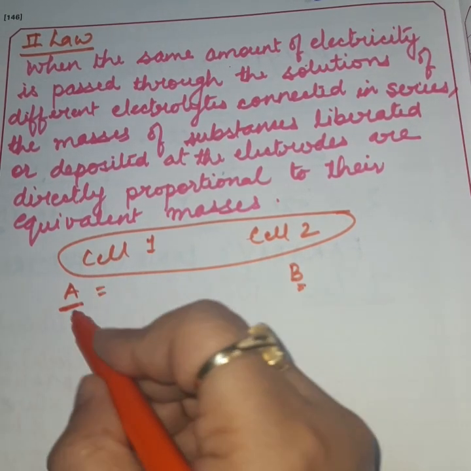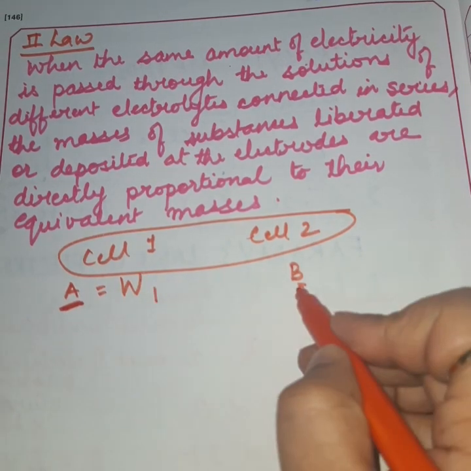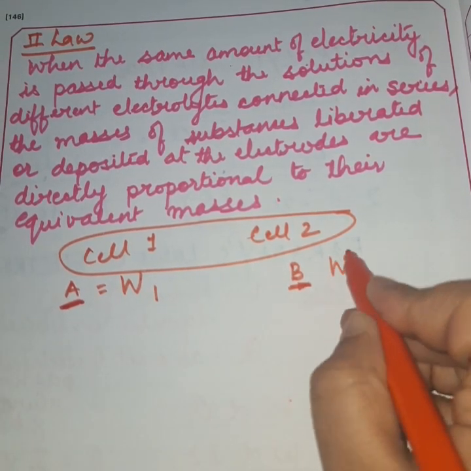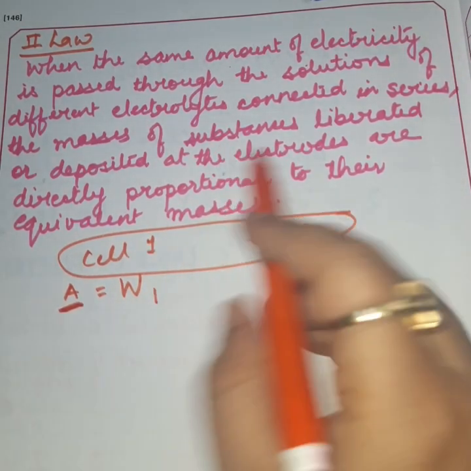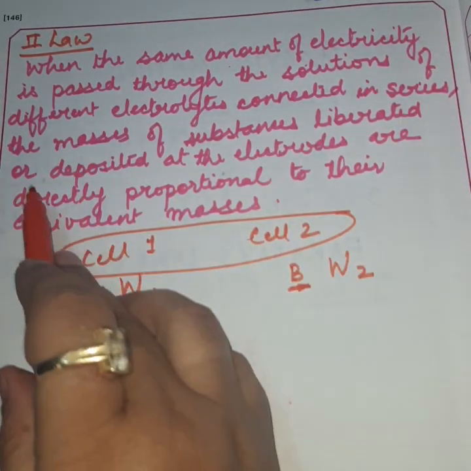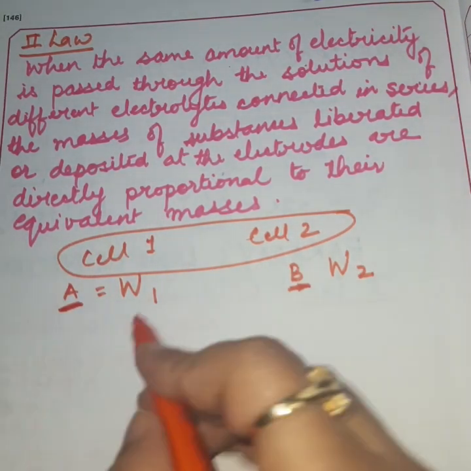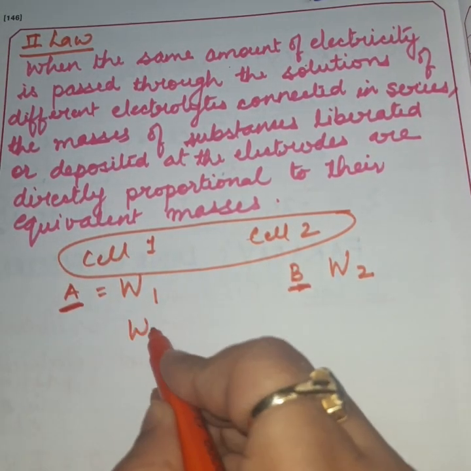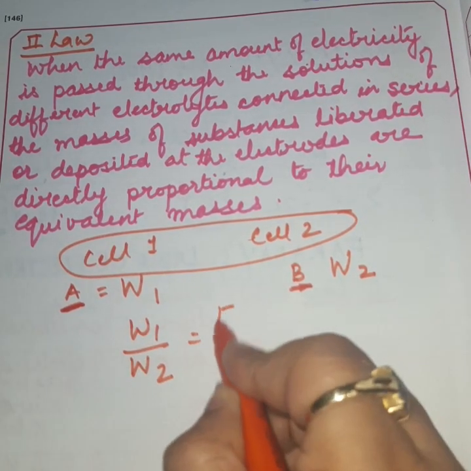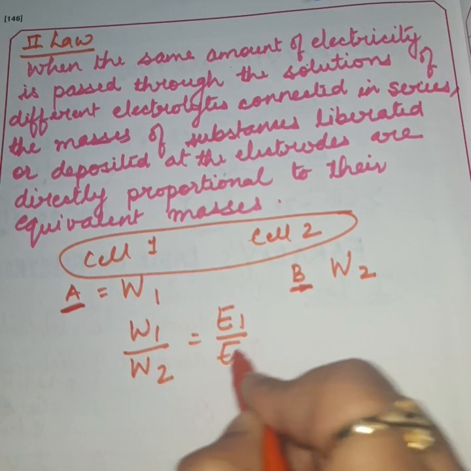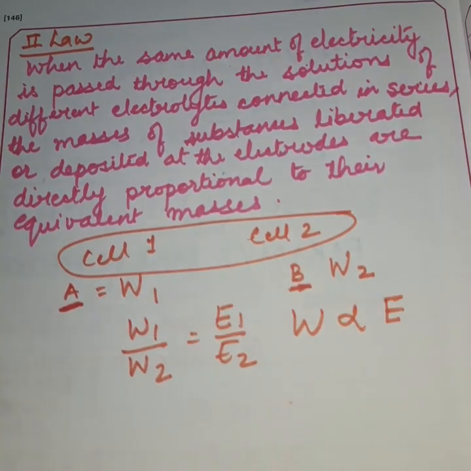On calculating, the weight of substance A deposited is W1 and the weight of substance B deposited is W2. So according to this law, the masses of the substances liberated or deposited at the electrodes are directly proportional to their equivalent masses. That means W1 upon W2 is equal to E1 upon E2, which means W is directly proportional to E.